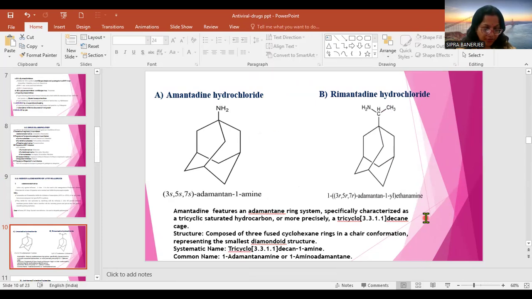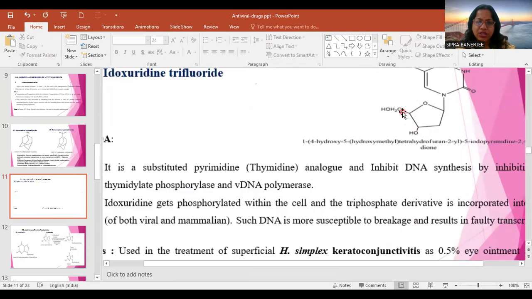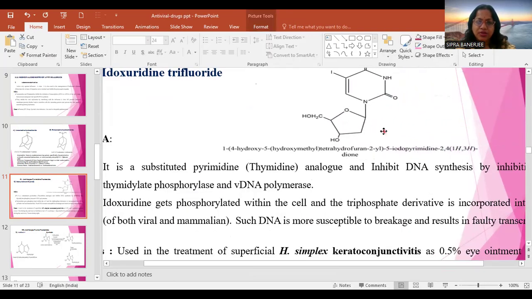These are the structures we have seen. Now this is one example, idoxuridine, an anti-herpes pyrimidine nucleoside, an anti-herpes virus nucleoside. It contains one uridine ring and one iodine along with this. See, zoom it.